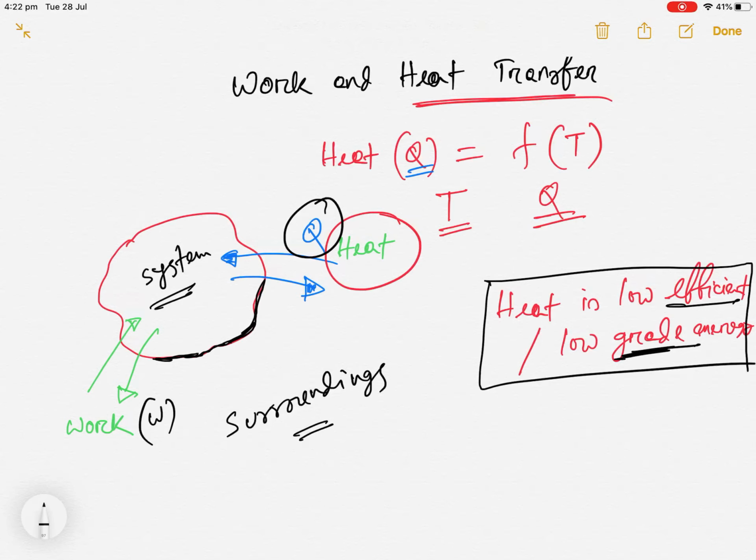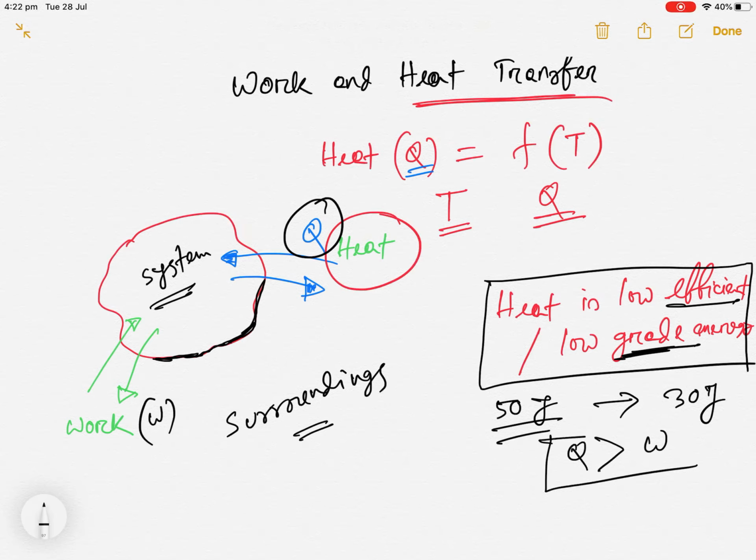If we say we supplied 50 joules of heat, maybe we'll get 30 joules of work. So that means it is not 100% efficient. We can say the quantity of heat is always greater than the work. That's why we say it is a low grade energy.